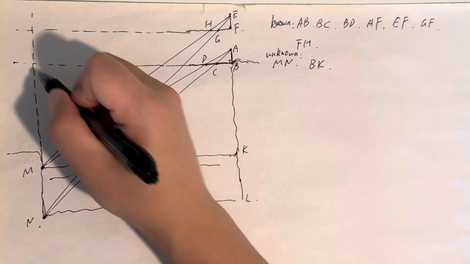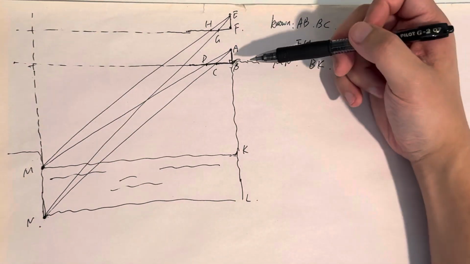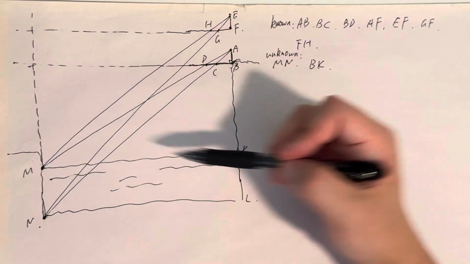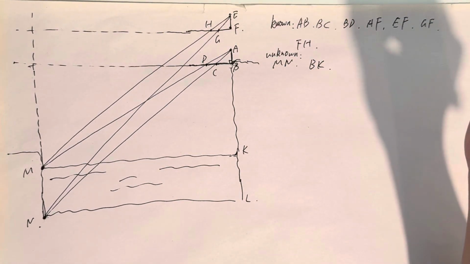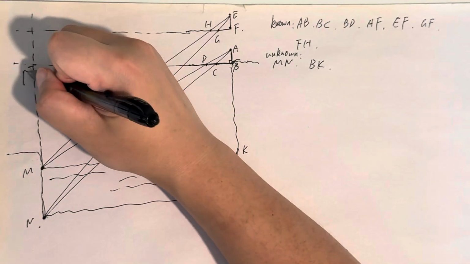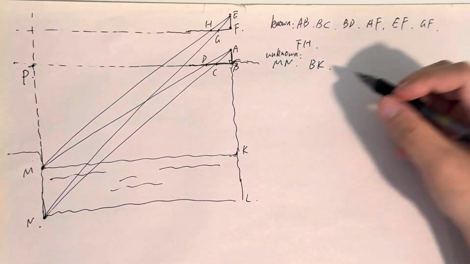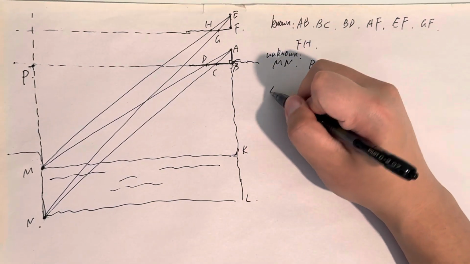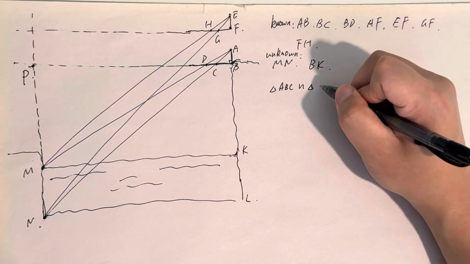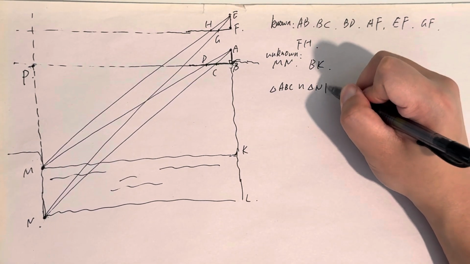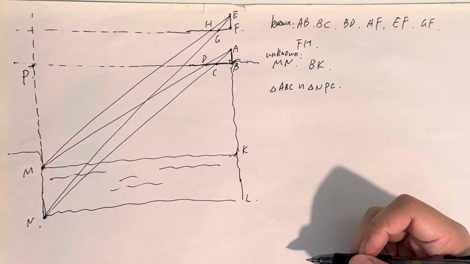Okay, so the distance of MK equals the distance of, let's call it, BP. So we know that triangle ABC is similar to triangle NPC, right?